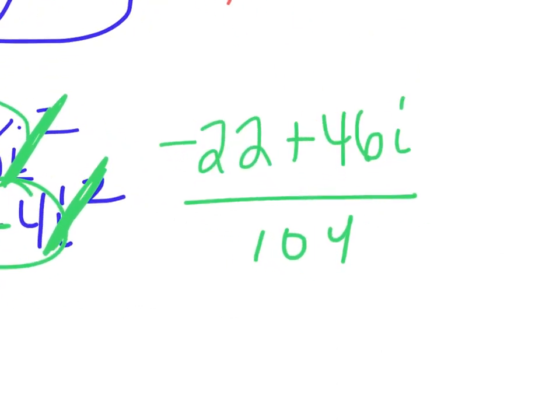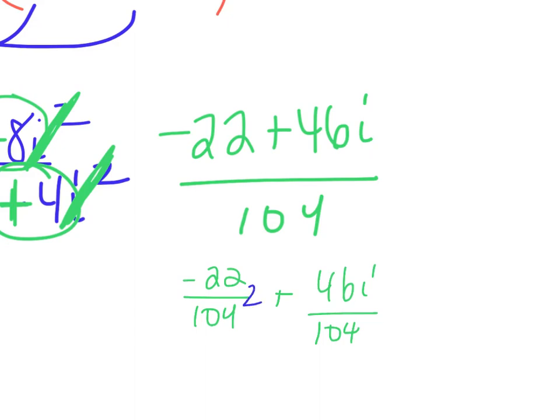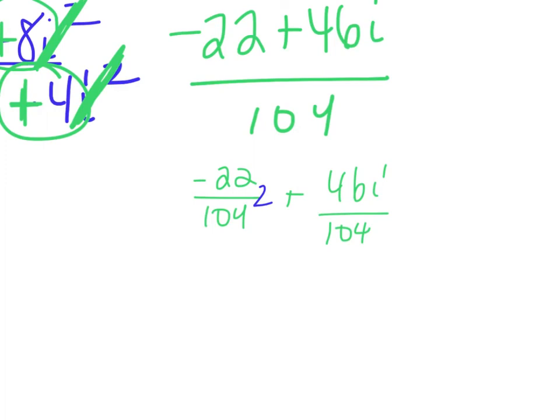Now I look and I say, good. I'm going to separate it just because I like to do that. It makes things easier for my brain. You do not have to. But when I do this, I see I have two different division problems. So if I divide 22 and 104 by 2, what do I get? Negative 11 over 52.